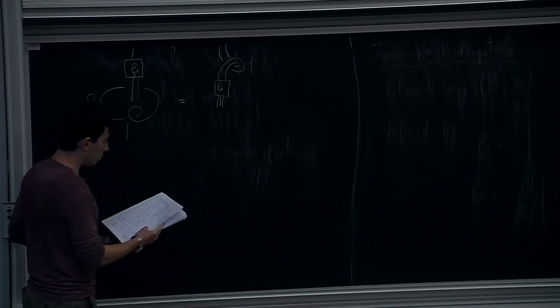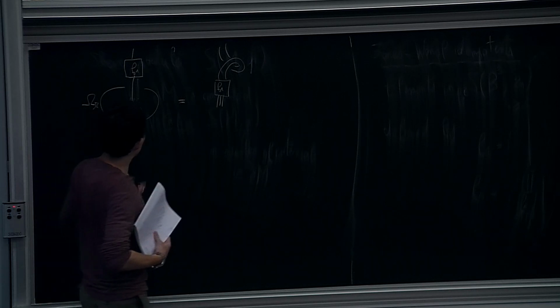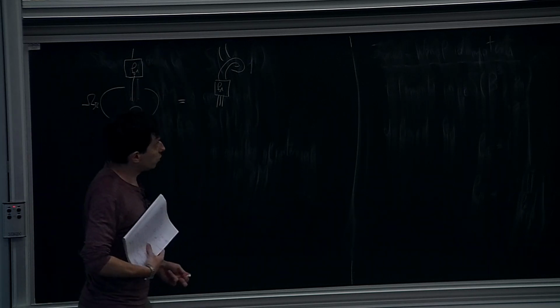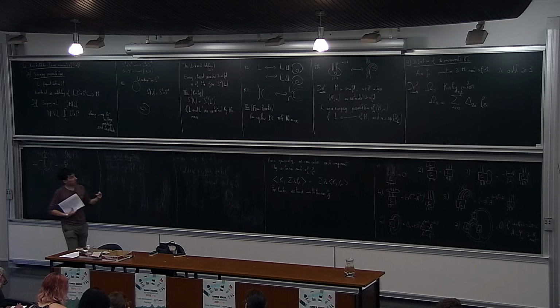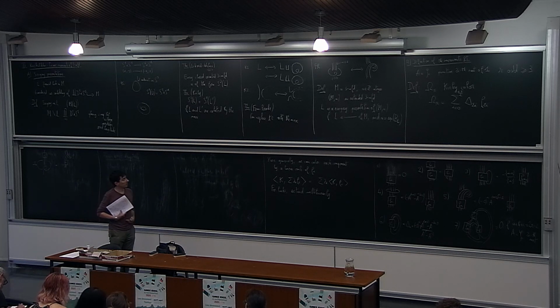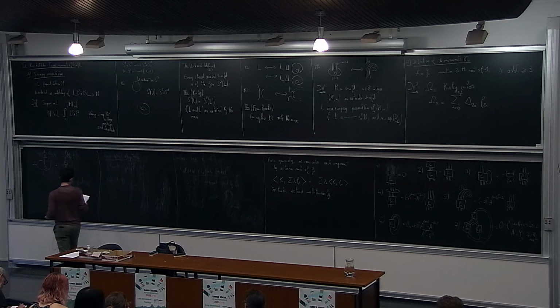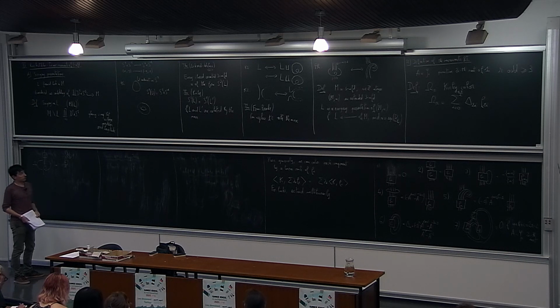So it seems like you almost have what you want. You have at least one of the two moves that seems to be working. You have to check what goes on with the other move, the Kirby 1 move.